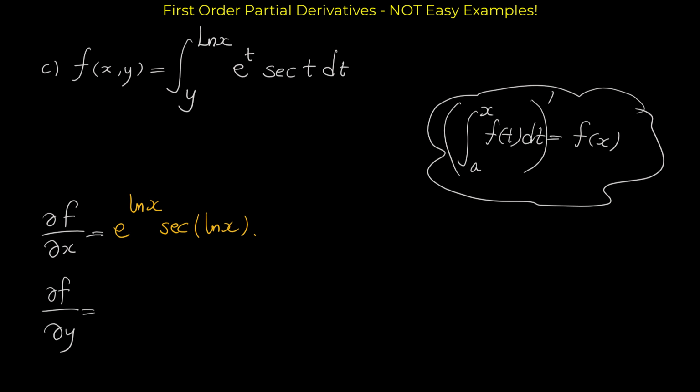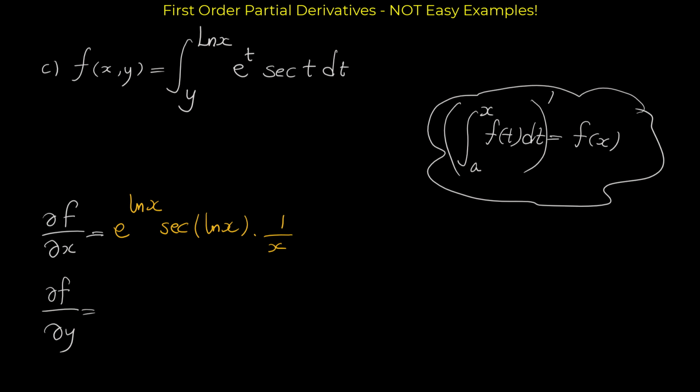But what is the derivative of ln of x? It's 1 over x. We plug in the upper bound for every t, and we multiply by the derivative of this upper bound. This is your final answer. You can do a little simplification in your answer, but this is optional. We wanted to find the partial derivative with respect to x, and this is our answer.